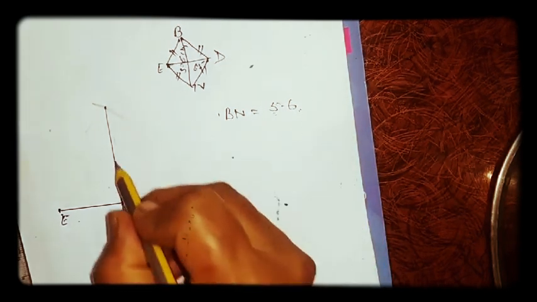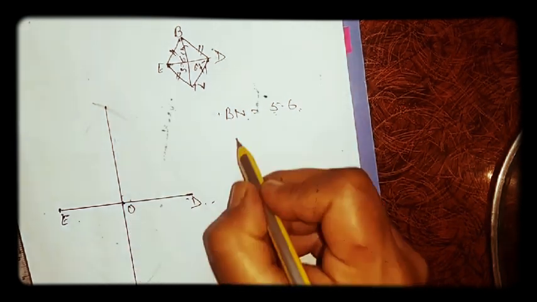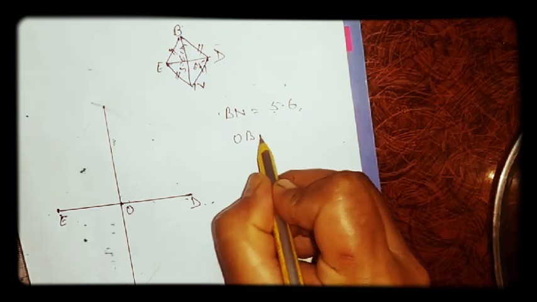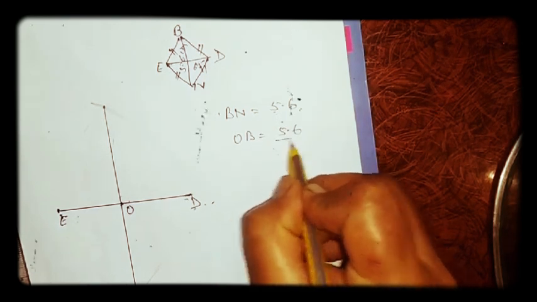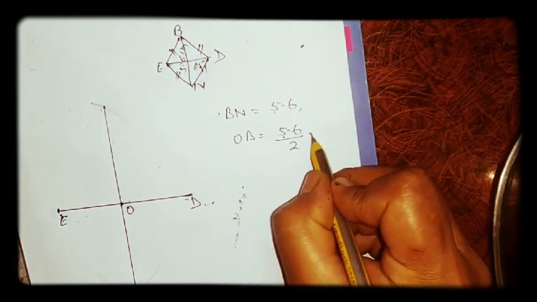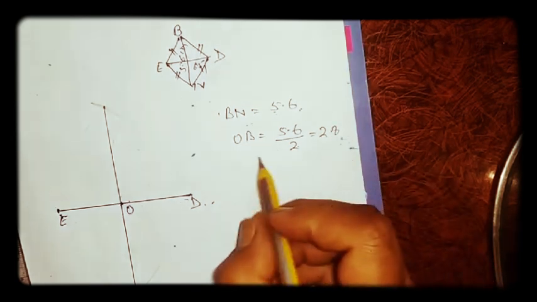So O यहाँ पे B है और यहाँ पे N है. So OB will be 5.6 divided by 2. So that will be 2.8 centimeter.